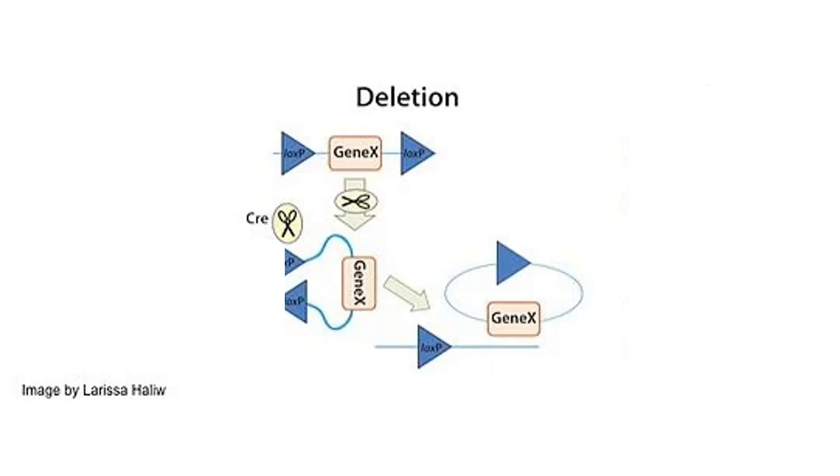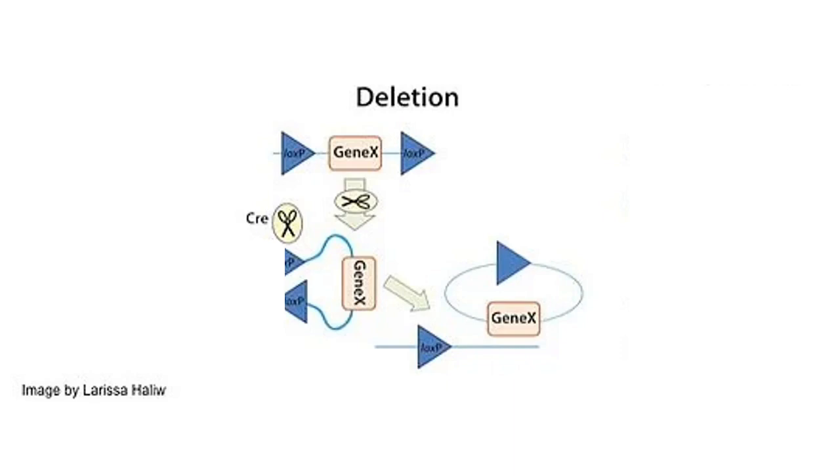And what winds up happening is the stretch of DNA between the two LOXP sites winds up being kicked out as a circular DNA, kind of like a plasmid, but it doesn't have the things a plasmid needs, so it's just a circular stretch of DNA. And the LOXP sites remaining, the half sites that remain, get stuck together.